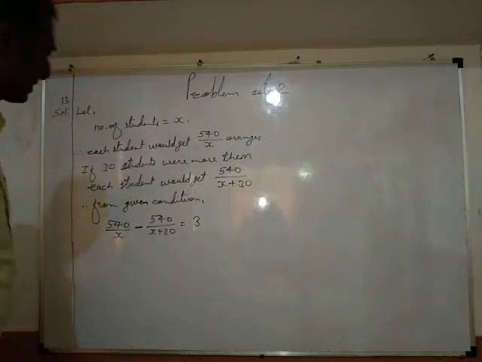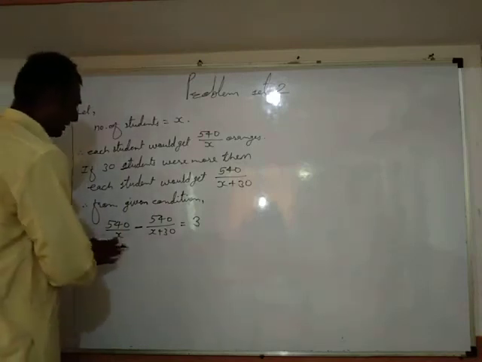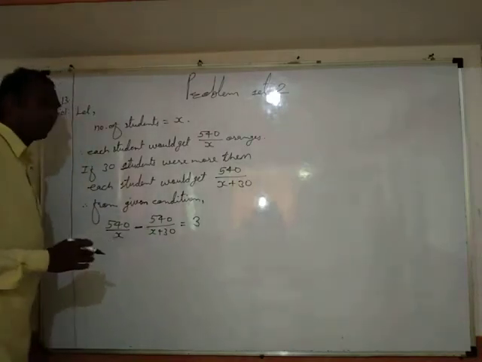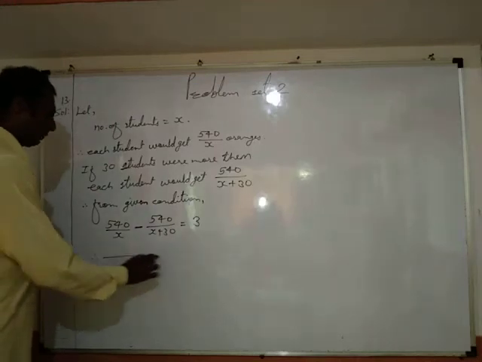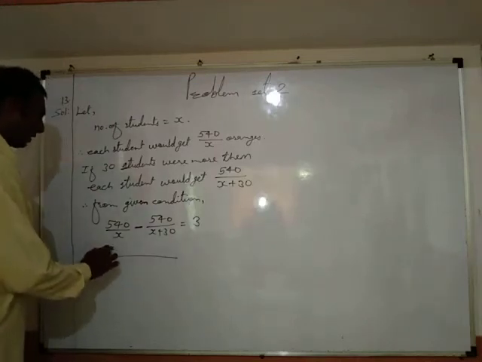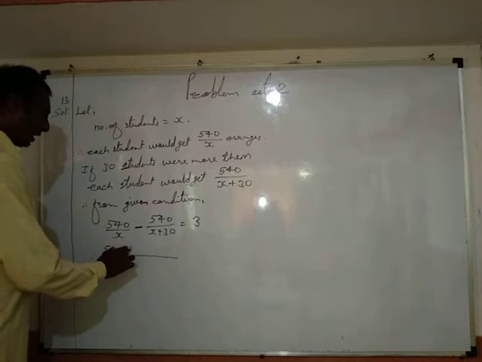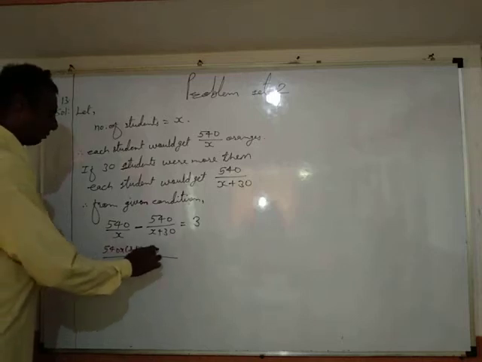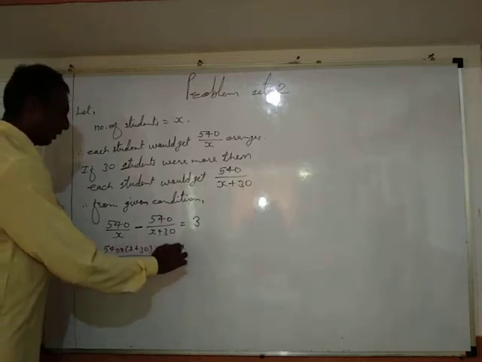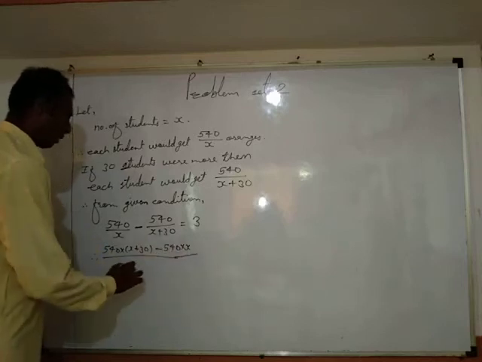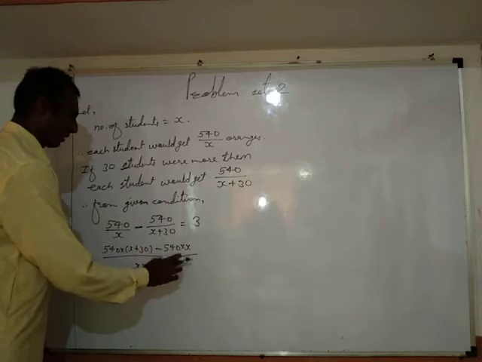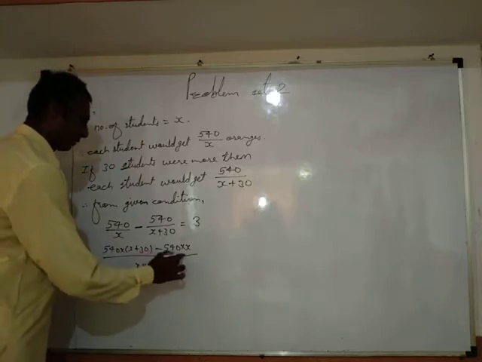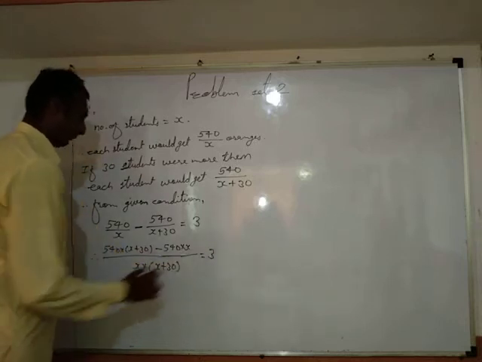Now let's simplify this equation. Denominators are not same, that's why we need to cross multiply, and therefore the equation will be like this: 540 into bracket x plus 30 minus 540 into x upon x into bracket x plus 30, that equal to 3.